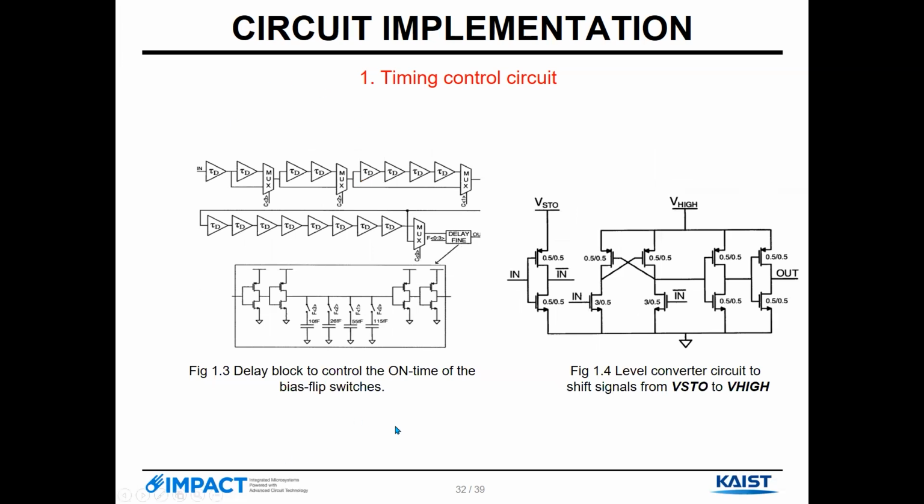Another one is the delay block to control the on time of the bias-flip switches. As we can see here, the input goes through the delay block as well as the mux block. The mux block has input signals C3, C2, C1, because we can train the precision of the delay block by pushing signals such as 1 0 0 or 1 0 1 0 to the mux block.